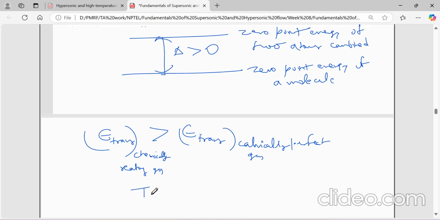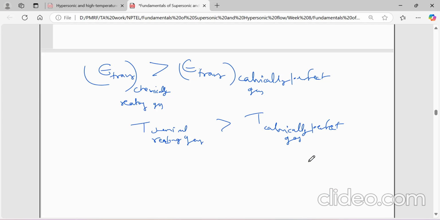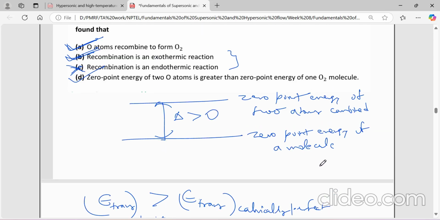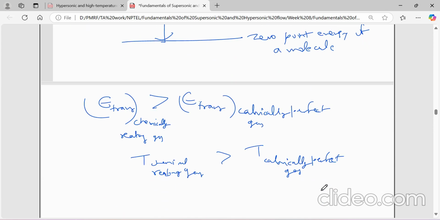So the temperature for the chemically reacting gas will be greater than the temperature which we found in calorically perfect gas. So the flow will be slightly hotter in chemically reacting gas compared to calorically perfect gas.